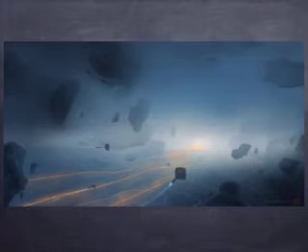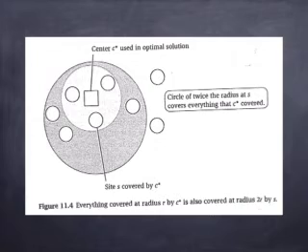So the algorithm is as follows. S prime will represent the sites that still need to be covered. Initialize S prime equal to S, and we let C equal the empty set, the set of centers that will be selected finally.